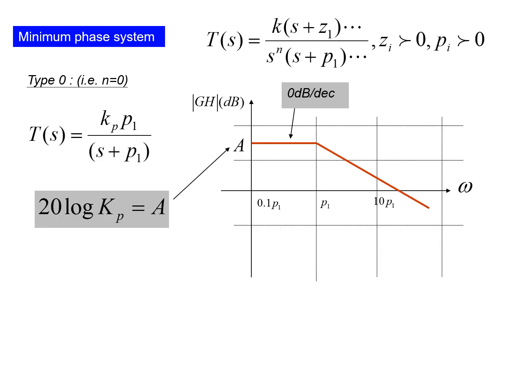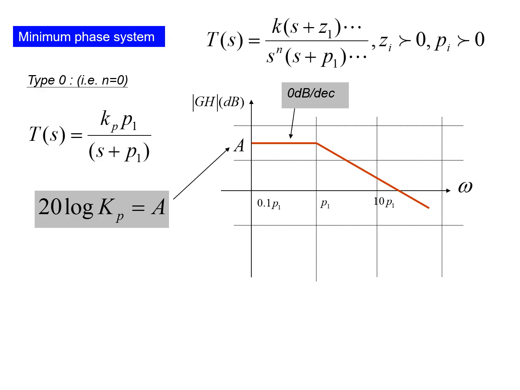Okay, minimum phase system. Here is the general form of the transfer function. Again, this part is for zeros, and then the integrator is power n, the number of integrators, and S plus p is for poles, where z is more than 0 and p is more than 0.